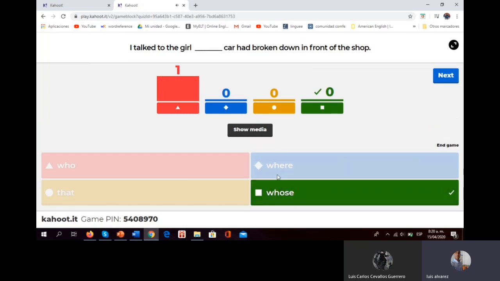Why whose? Because we're talking about possession. I talked to the girl whose car. The car belongs to the girl, so we need to use a relative clause that indicates possession, and the best option to indicate possession is whose.